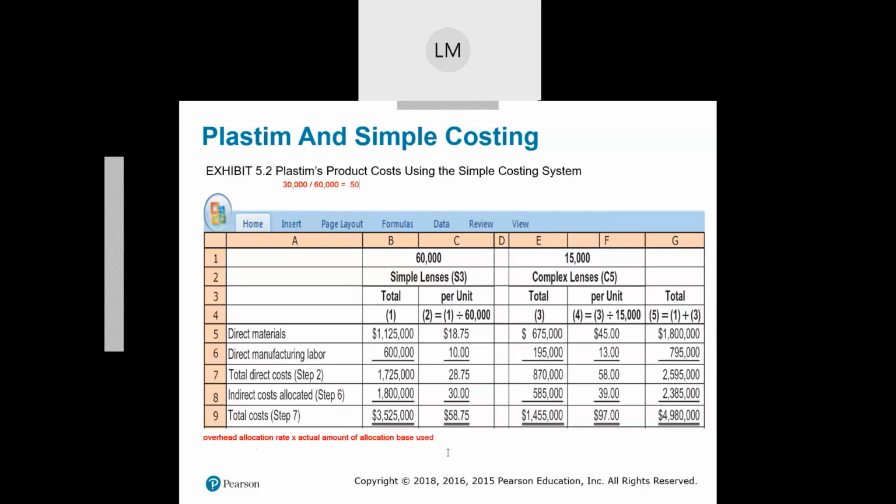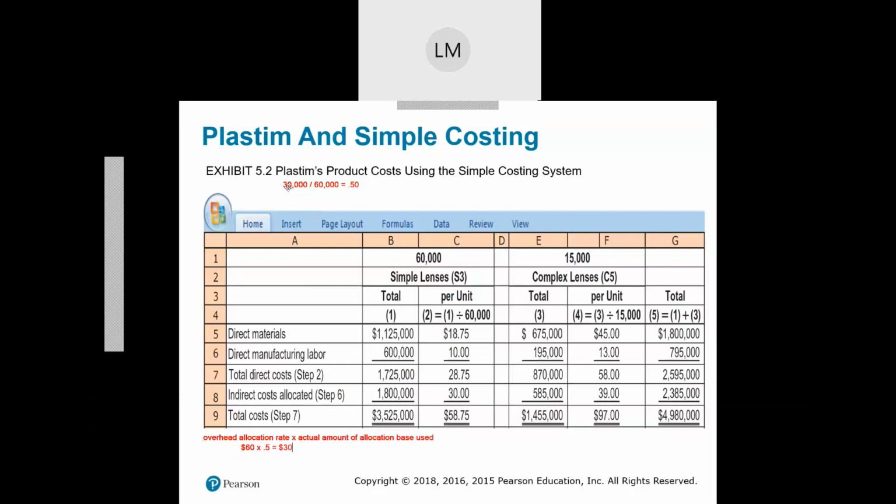So my overhead allocation rate is $60 per hour times 0.5 hours, which on a per unit basis gives me $30. So that's where we're getting to $30 here.